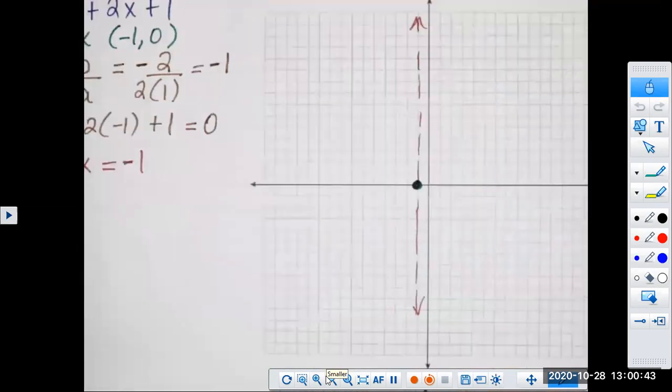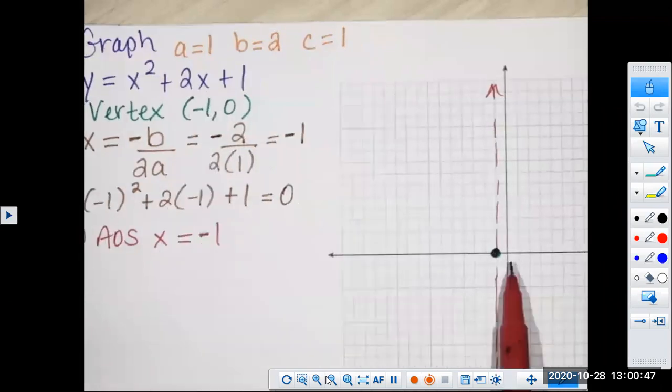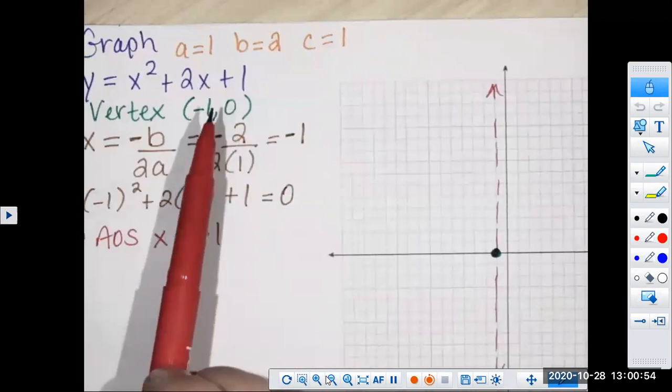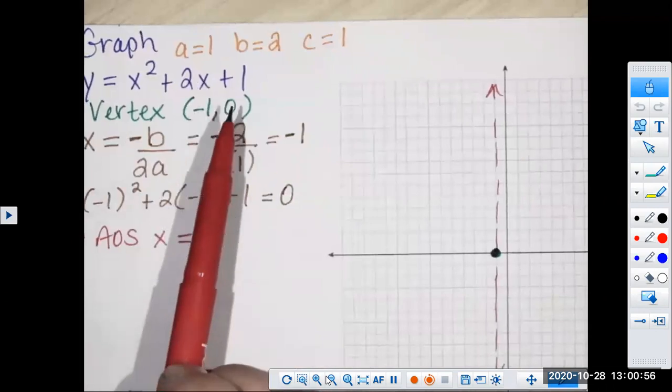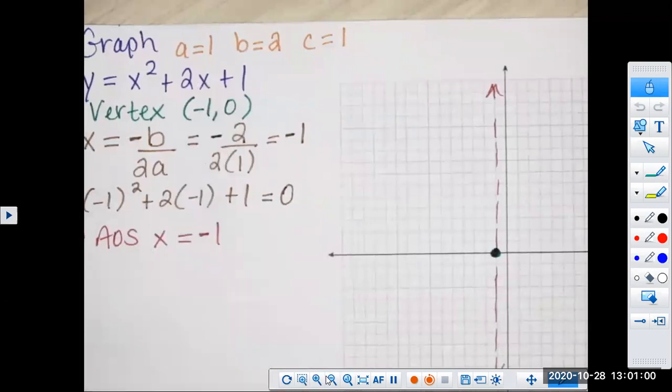Notice that the x coordinate of your vertex is negative 1, which you can also see from your graph. You need to pick 2 numbers that are either to the right of negative 1 or to the left of it, meaning you need to pick either 0 and 1 to plug in, or you need to pick what?